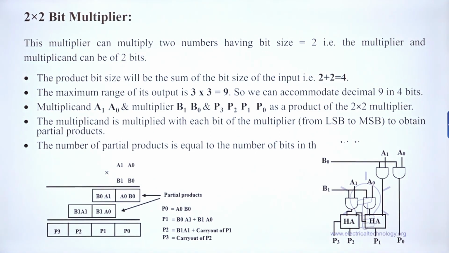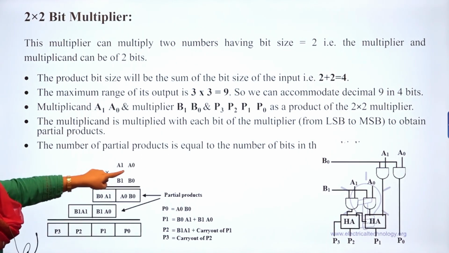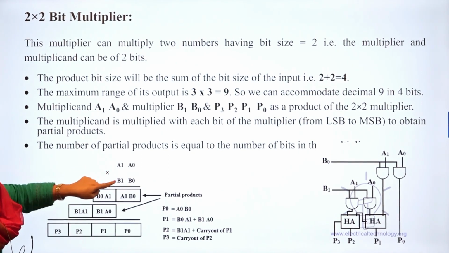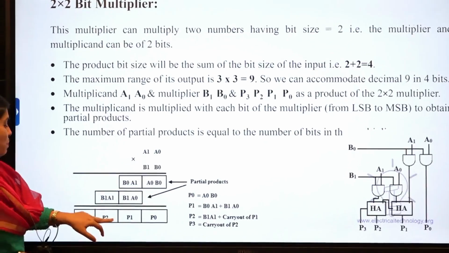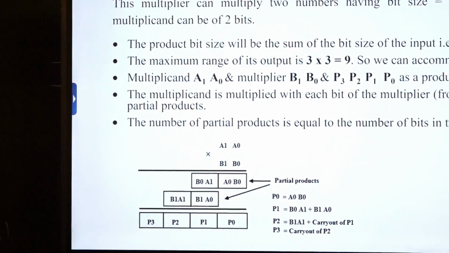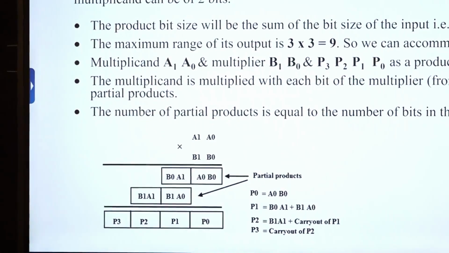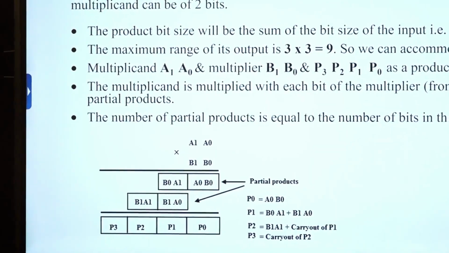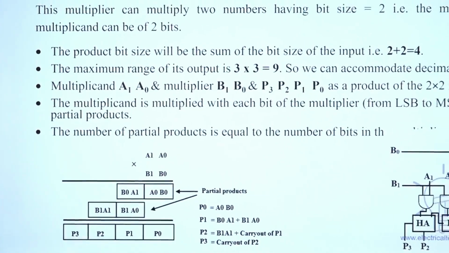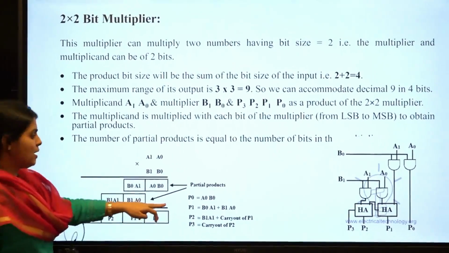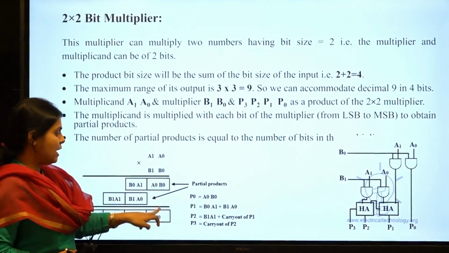Now the multiplicand is A0 A1, the multiplier is B0 B1, and P0 P1 P2 P3 are the products of this 2 by 2 multiplier. Now, when you look at this particular circuit, how did I design it? Here I am getting P0 as A0 B0.